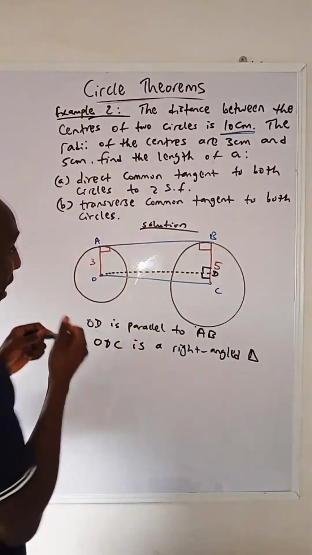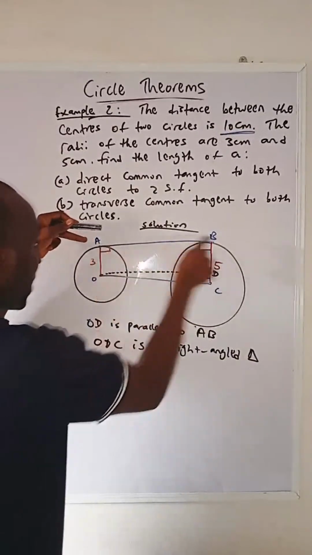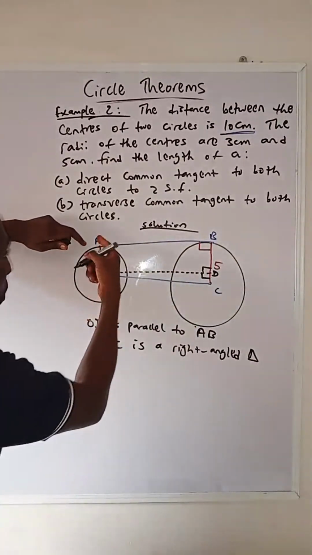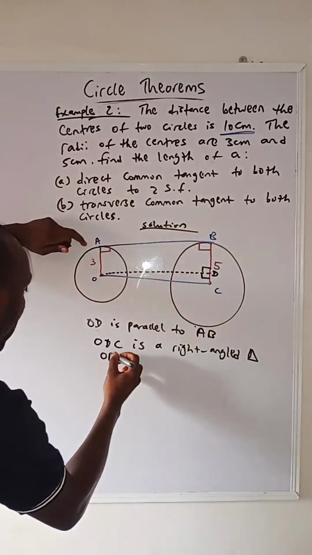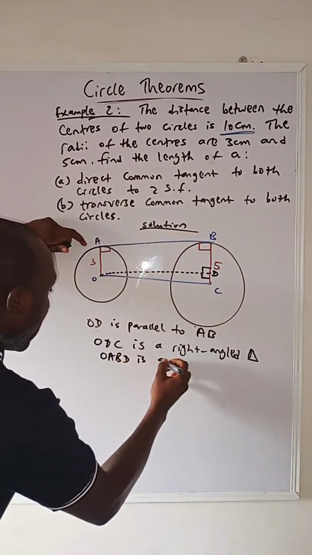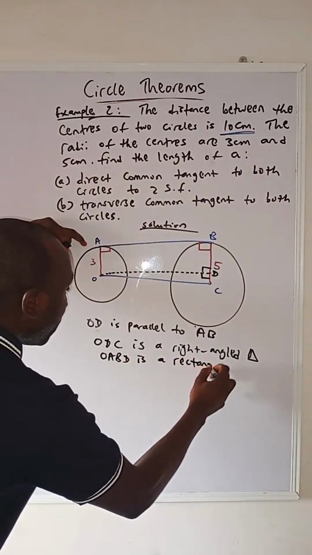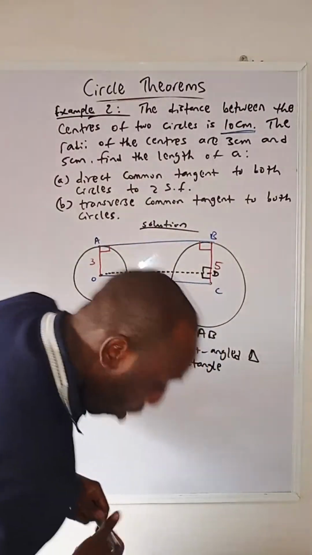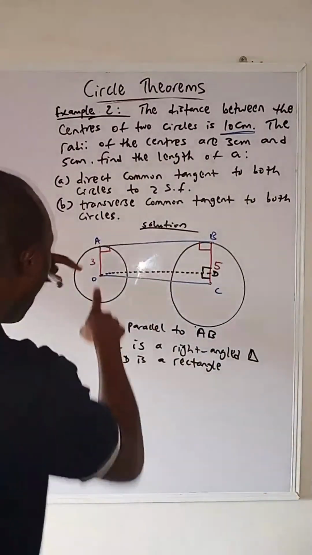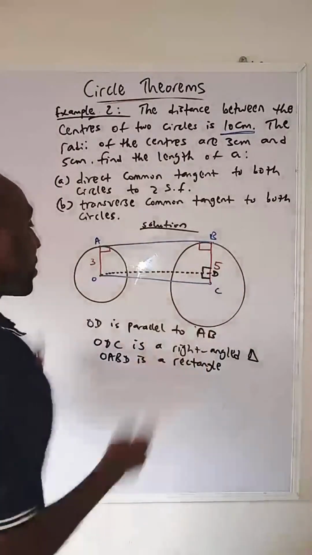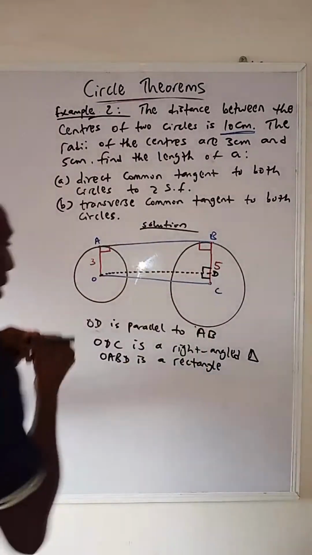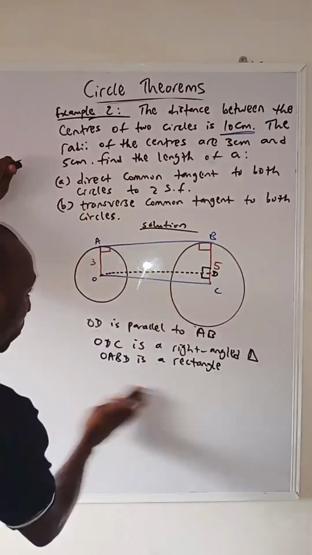Now let me bring out this. What am I trying to find? If I can get OD, I can get AB because OABD is a rectangle. As you can see, OABD is a rectangle, right? So it therefore means that when I bring out this triangle, I'll have something like this.